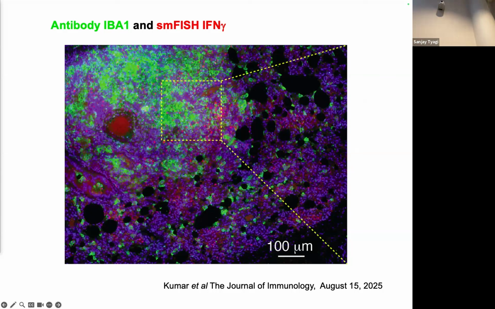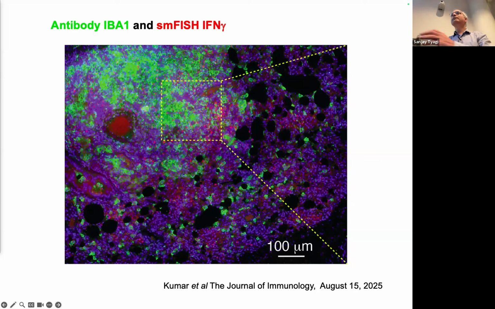So all the cells you see as green are macrophages, and all the red cells are making interferon gamma. So basically, you add your antibodies, you label them, and then you fix the tissue again, so that the antibody complex is fixed in tissue, and RNA is free to bind to the probes.